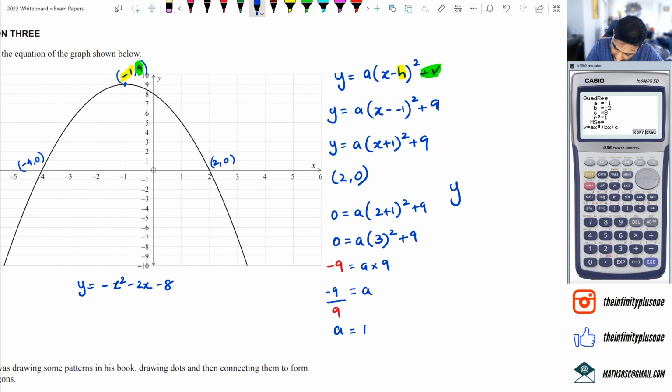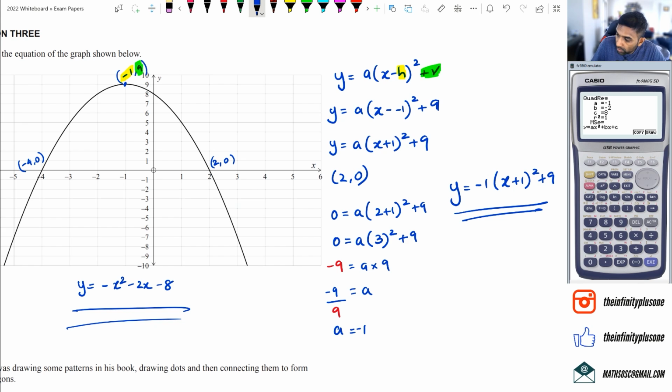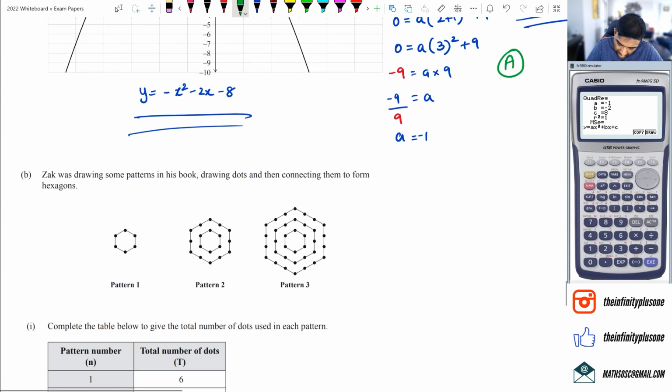So then my equation is going to be y equals -1(x plus 1) squared plus 9. So you could leave your answer like this, or like this as well. And of course you could also use the vertex method, intercept method as well in this. Like I said, there's lots of ways to get to the answer for this question. So it is worth achieved. That's part 1 of this question.